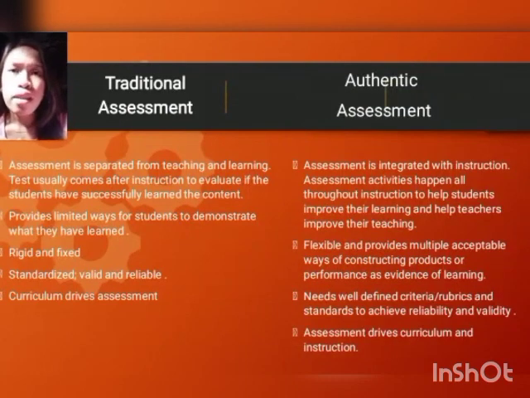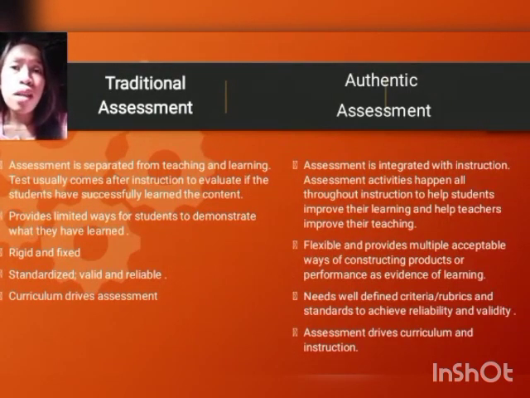Next, traditional assessment provides limited ways for students to demonstrate what they have learned. They have only limited access or ways to show what they have learned, while authentic assessment is flexible and the teacher provides multiple acceptable ways of constructing products or performances as evidence of learning.